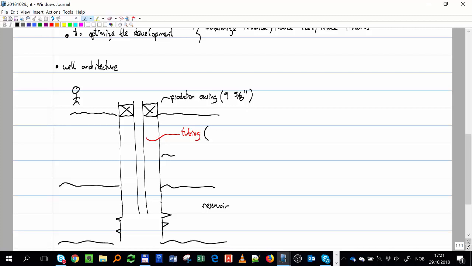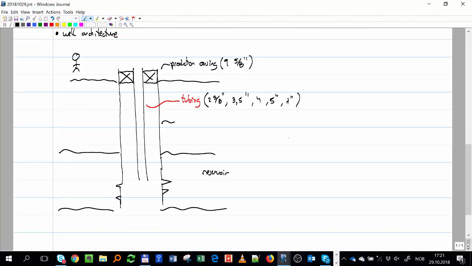It cannot be bigger than 9 and 5/8, of course. But we have different sizes. We have 2 and 3/8, we have 3.5, we have 4, we have 5, we even have sometimes 7. And that's part of this course, to discuss how we choose and why tubing is so important.